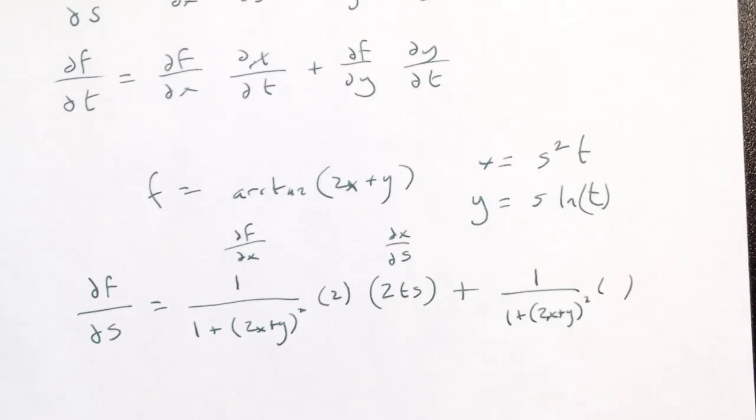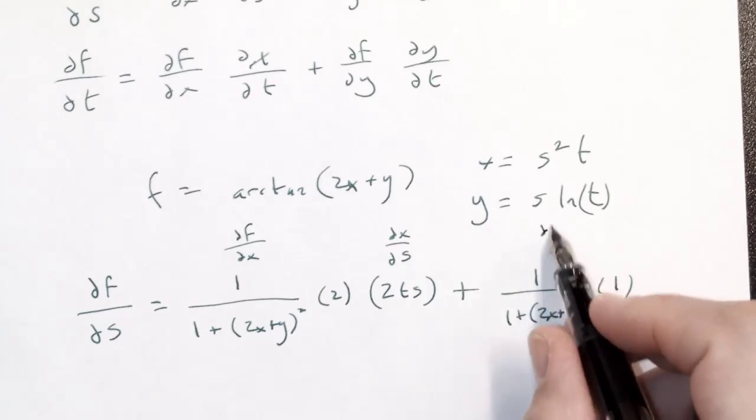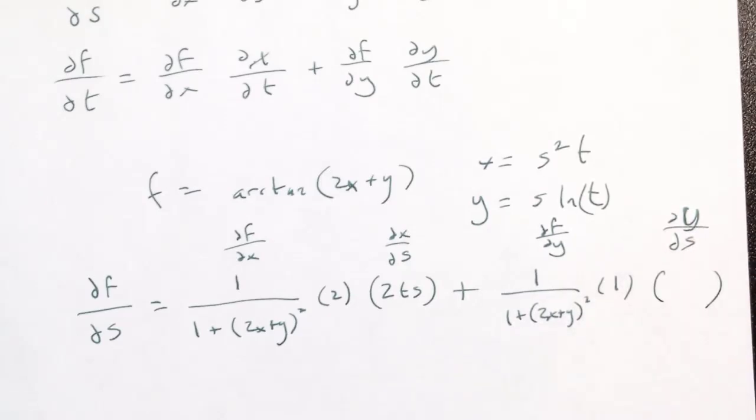But wait, there's more. What goes inside this set of parentheses? Just a 1. And now partial of y with respect to s goes there.